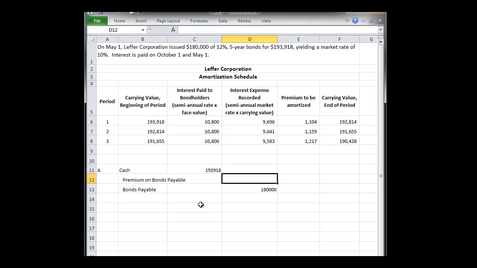So I'm going to take the difference between the amount of cash that was received of 193,918 and the face value of the bonds of 180,000 to determine my premium. So my premium is 13,918.